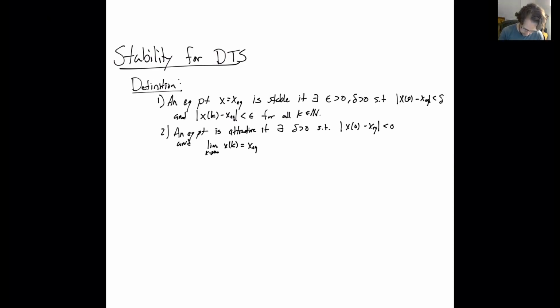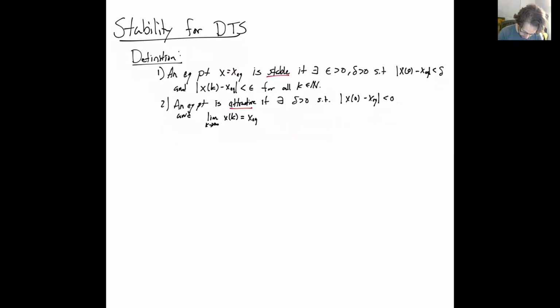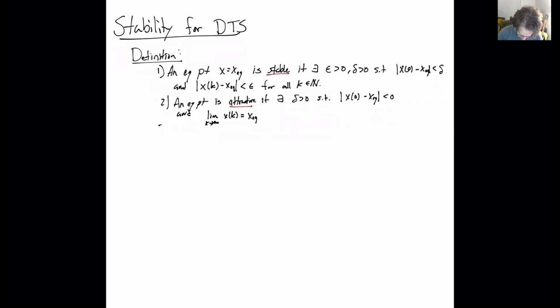All right, so now we have two notions. We have attractivity and we have stability. And these should look extremely familiar because they're exactly the definitions for continuous time systems. And then lastly, an equilibrium point is asymptotically stable.